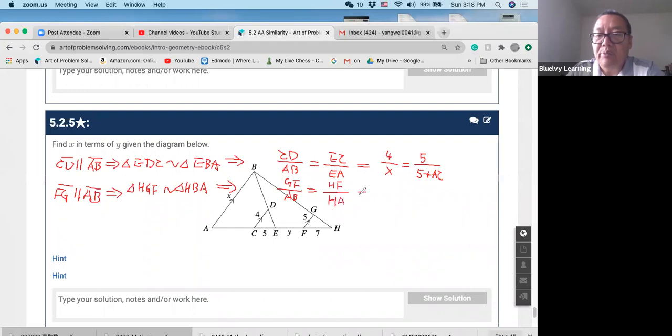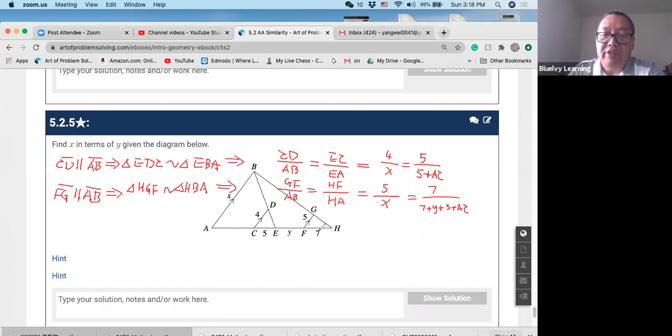Then we can plug in their numbers here. GF, that's 5. AB, that's x. FH, that's 7. Then AH is 7 plus y plus 5, then plus AC, right?